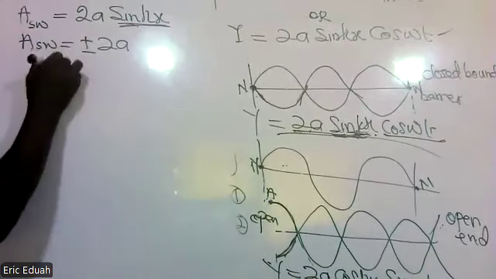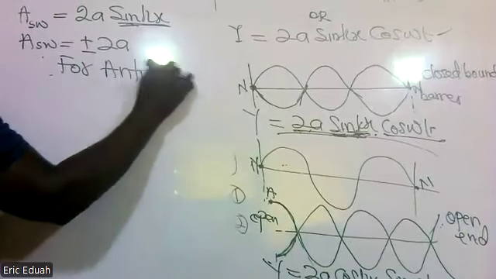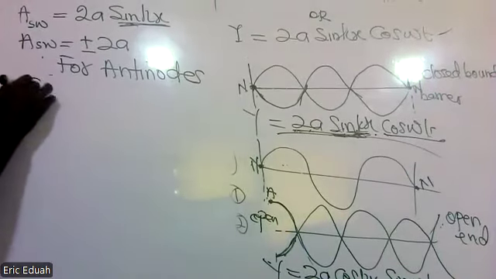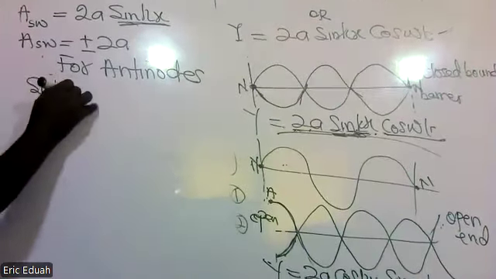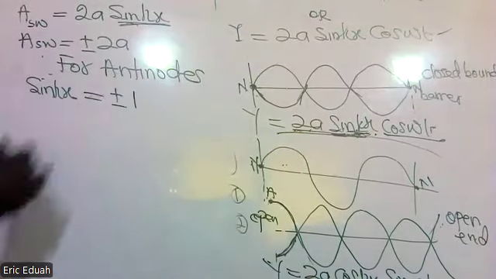So for antinodes, sine kx must be equal to plus or minus 1.